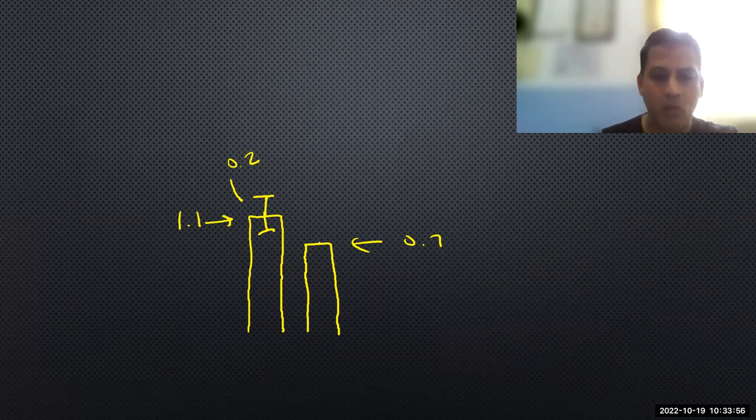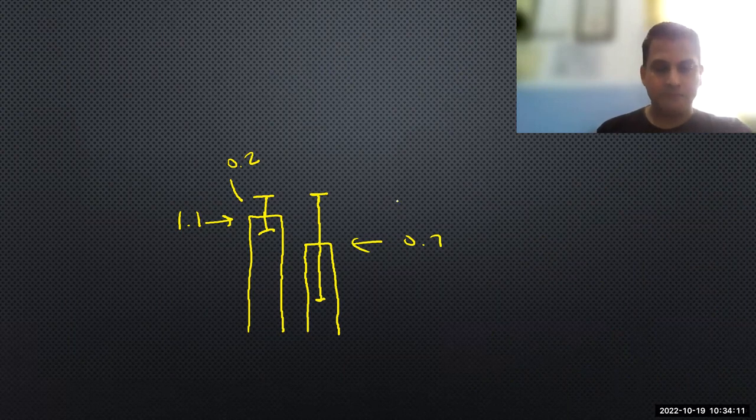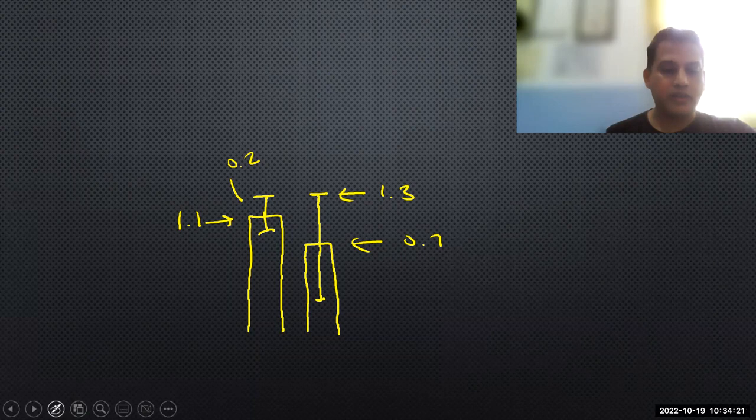This one is 1.3, so this 1.3 is going somewhere up here, and it's going down as well. Right? So this is 1.3. Now you see this standard deviation and this standard deviation are overlapping. So this is the part that is overlapping.